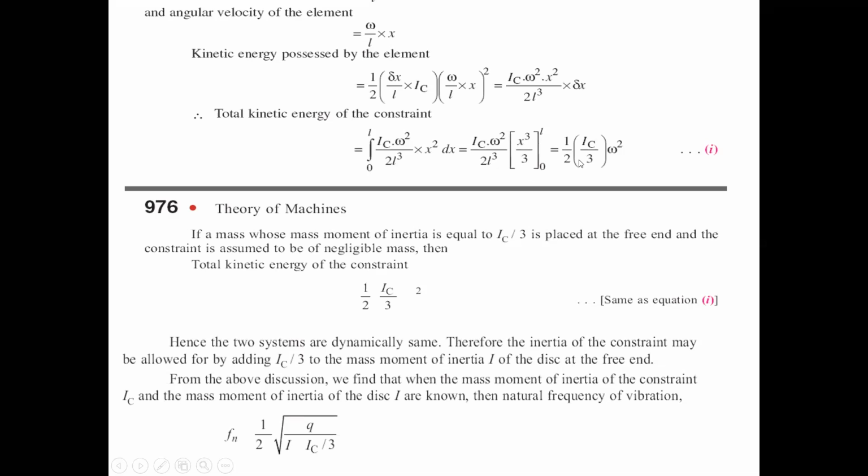So the term is written as 1 by 2 into IC by 3 into omega square. That again seems to be the kinetic energy equation. So here I is replaced with IC by 3.